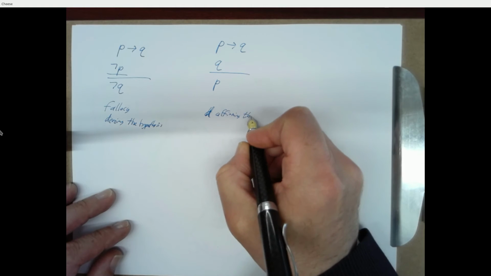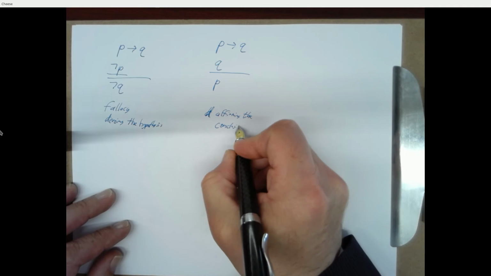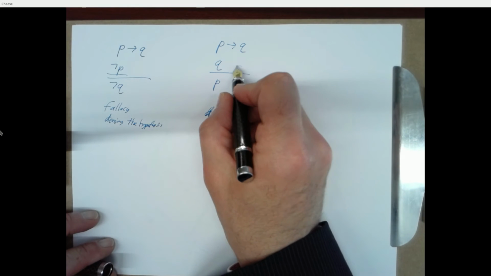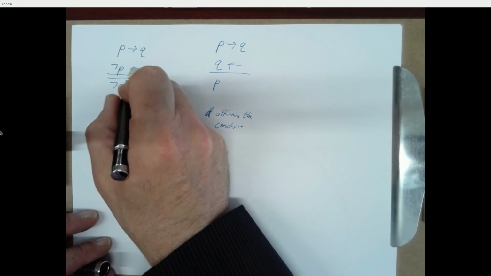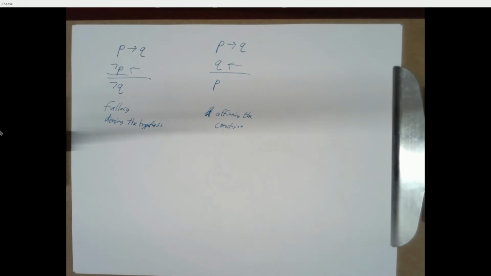But I'm not going to be too upset if you get them confused. But you can remember which is which, because what we're doing here is we're saying the conclusion is true. Here we're saying the hypothesis is false. So that's how I remember which is which.